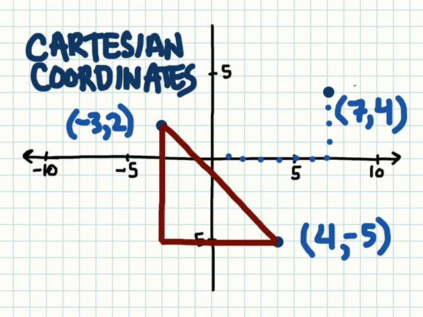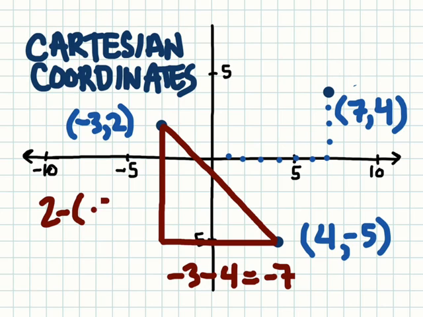So what I'll do is take the difference in x coordinates, so that's -3 minus 4, and that's -7. And I'll take the difference in y coordinates, that's 2 minus -5, and that equals +7. Now these aren't the sides of the triangle because I've got this -7, which doesn't make any sense as a side, but that's okay because if we square it, it's going to be positive anyway.